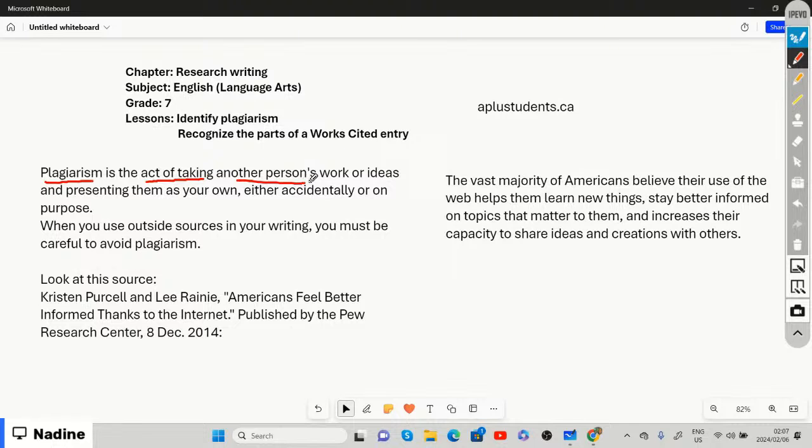We see it can either be accidental or basically just on purpose.